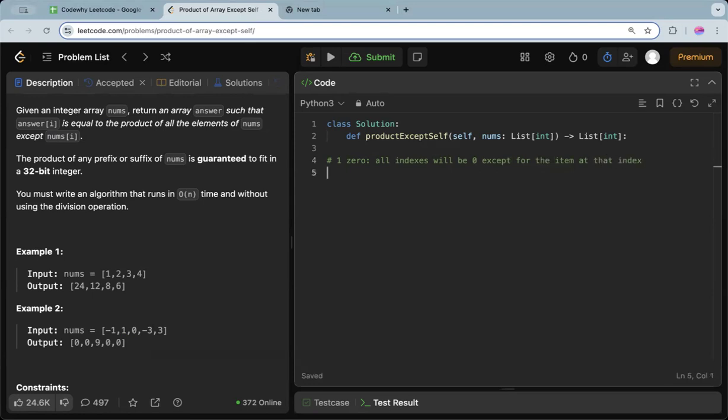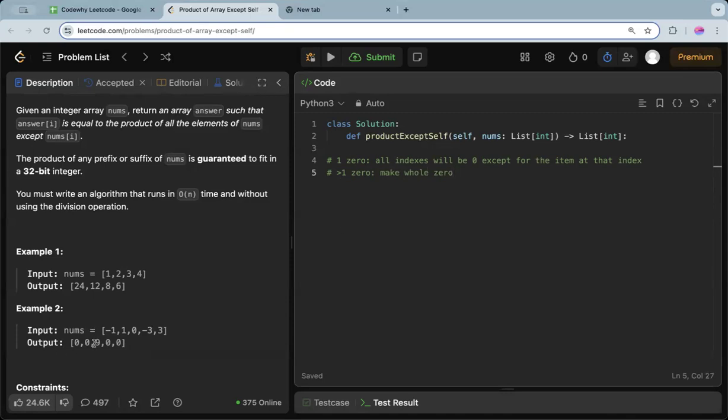So that's one. Now, if there's more than one zero, then what happens? Then your job is even easier. If there's more than one zero in the array, we can just make the whole thing zero.